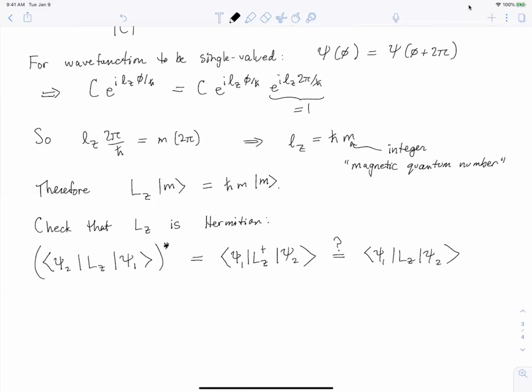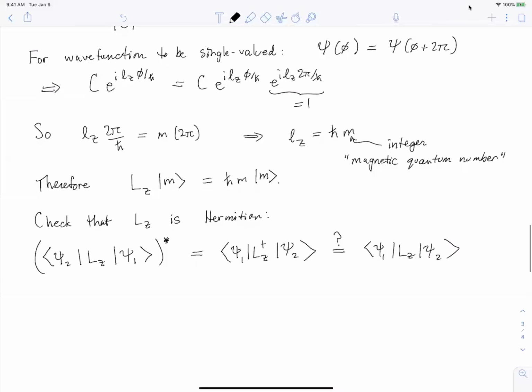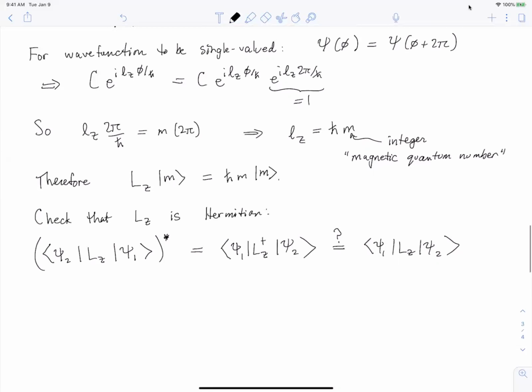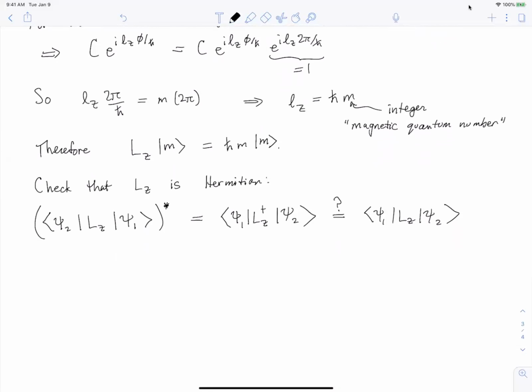And so our job is to test whether this is actually true. To test it, we're going to do everything in the phi position representation. Let's first take the left-hand side. I'm going to write a big star inside parentheses for it.